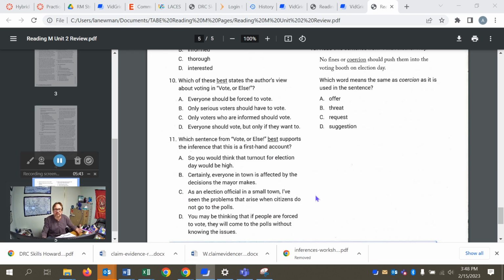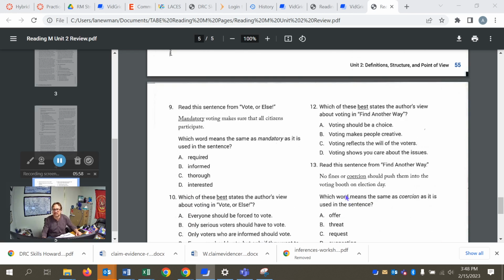We kind of had to infer that his work involved motivating people to vote, or seeing the consequences of people not voting. Maybe not a whole lot of inference there, but some. But that does make it a first-hand account. Maybe it's not as credible as the second passage, or maybe it is. That's for you to decide.